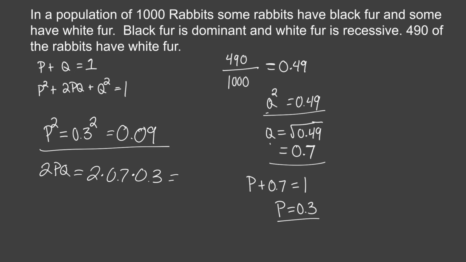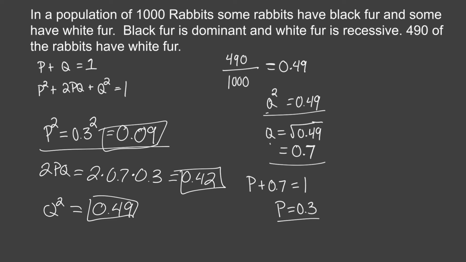And this gives us a value of 0.42. And then we already discovered that our Q squared value is 0.49. If you were to use a calculator to add all three of these up, it would equal 1, which is a nice double check to make sure that we have everything set up.